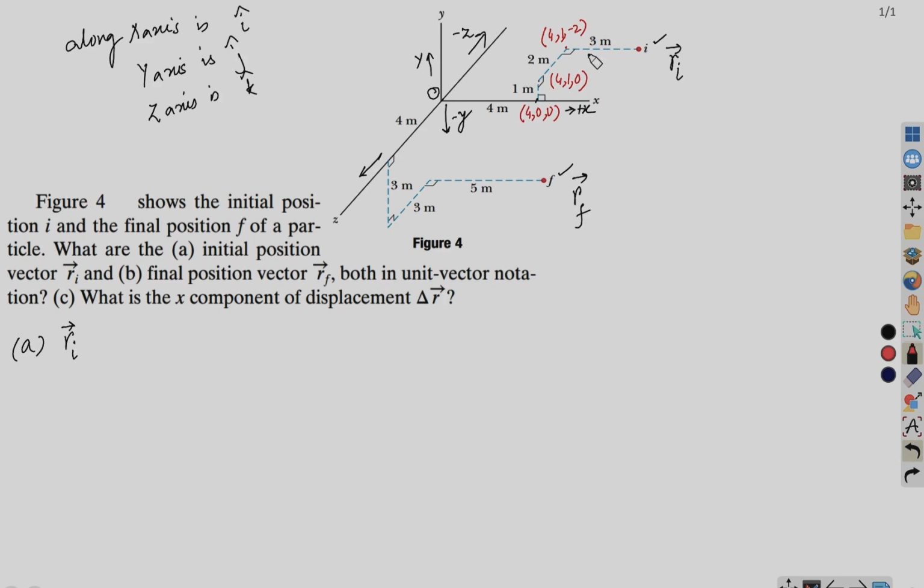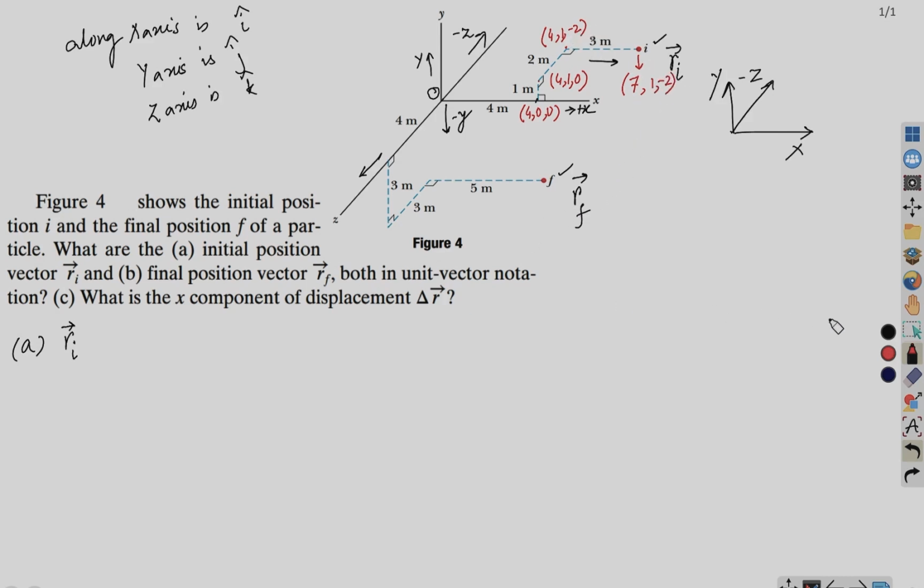Now again, it shifted 3 units along positive x axis because this side is the positive x axis. Yes. If we see according to the graph, this is along x axis, this is along negative z axis, and this is along positive y axis. So since it shifted from here to 3 meters ahead along positive x axis, the coordinate of this point is 4 plus 3 and the rest will remain the same.